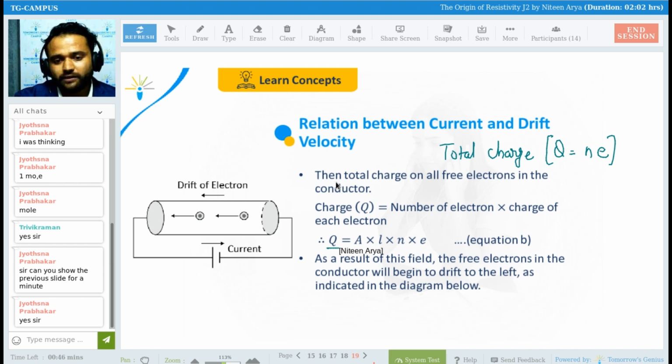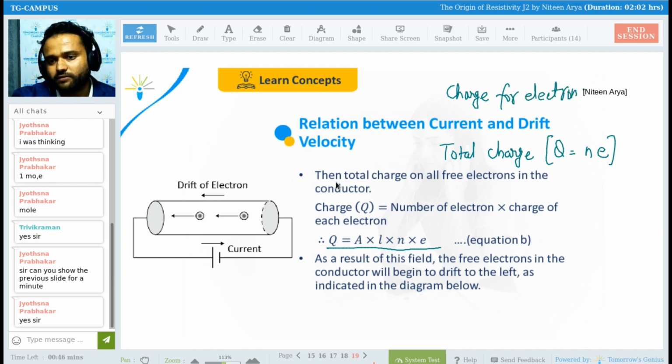The number of electrons is n into A into L, simply n into volume. So the total charge equals the number of electrons times e. Okay, this is not charge, this is the number of electrons.